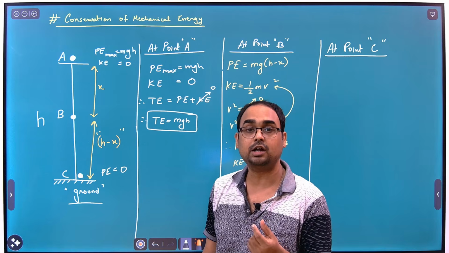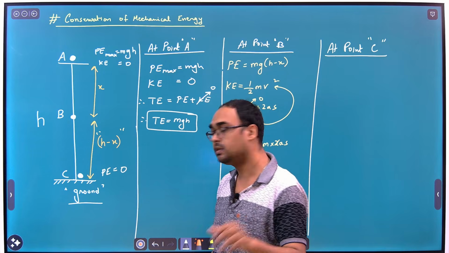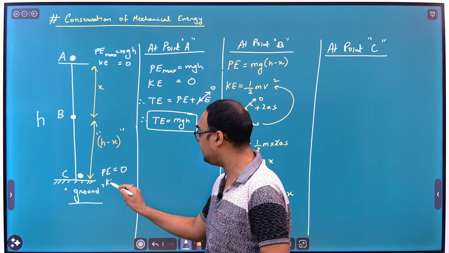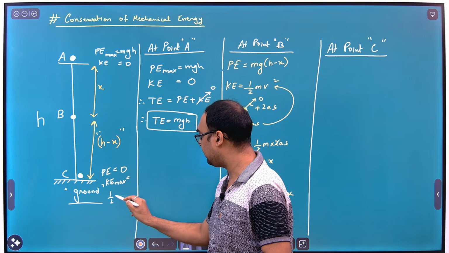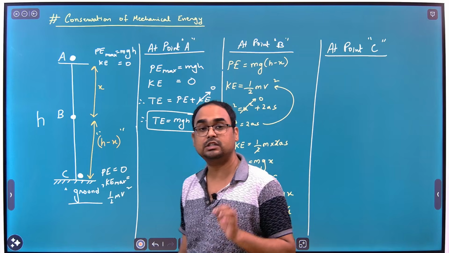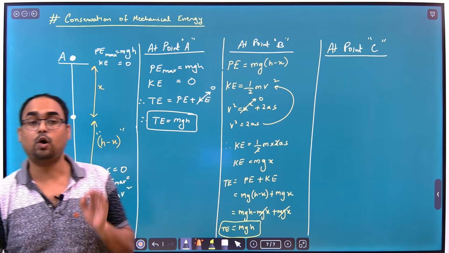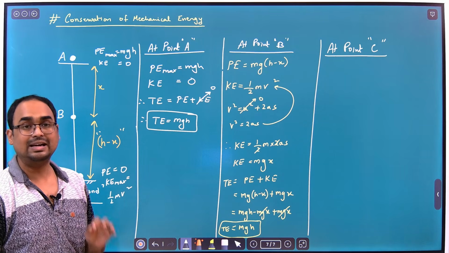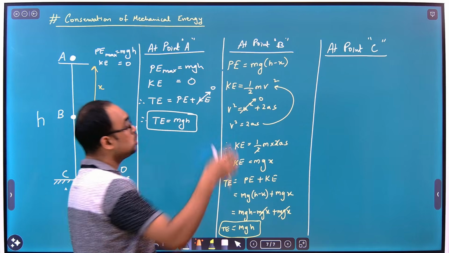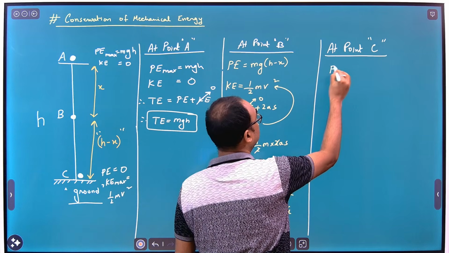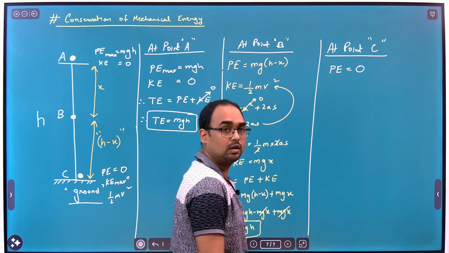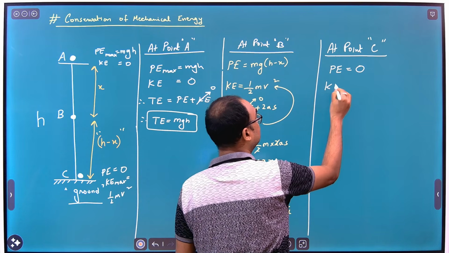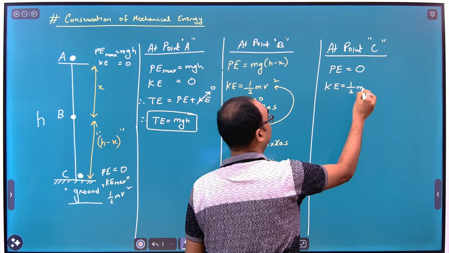Just before touching the ground, the potential energy becomes zero. Here you have kinetic energy maximum, that is half mv square. Just before touching the ground, all potential energy has been converted to kinetic energy. So at point C, potential energy is automatically zero and kinetic energy is half mv square.